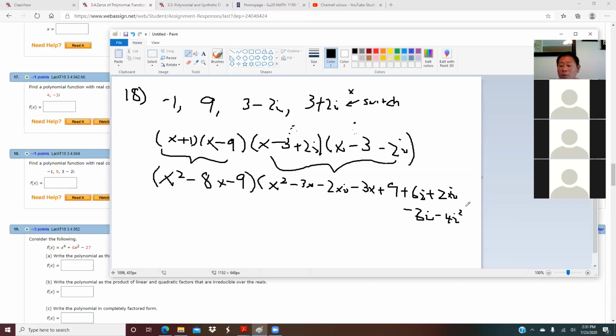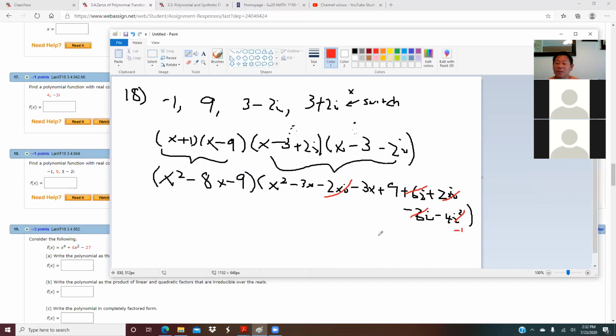Now I want to point out to you that of these 9 terms that you have, all your i terms will cancel out. So you notice that your 2xi cancels out, your 6i cancels out, and don't forget your i squared becomes -1. So if you look at these 9 terms, your complex term is all gone.